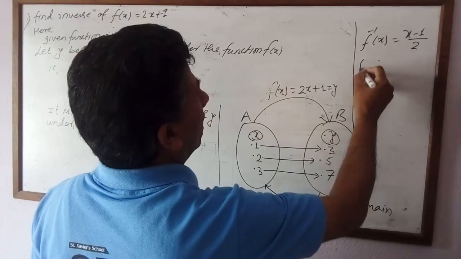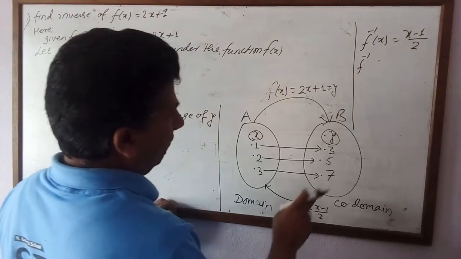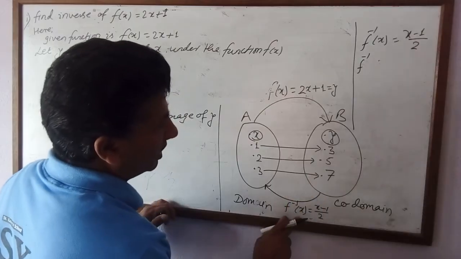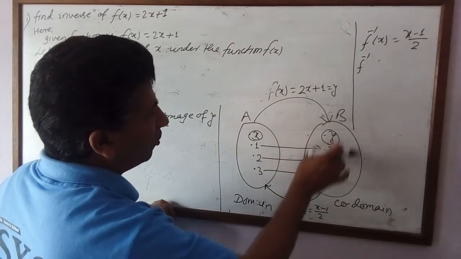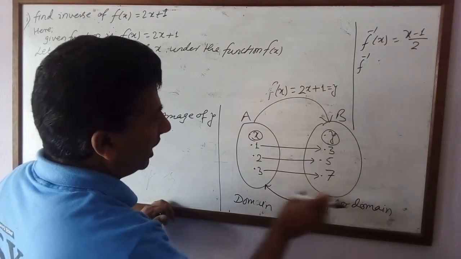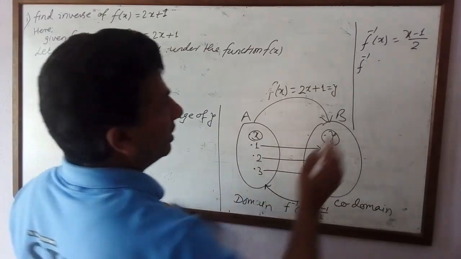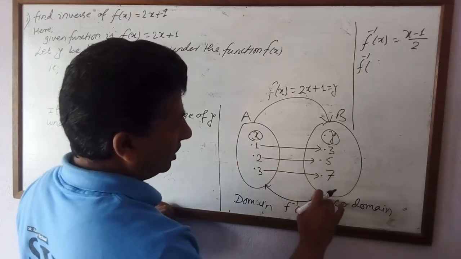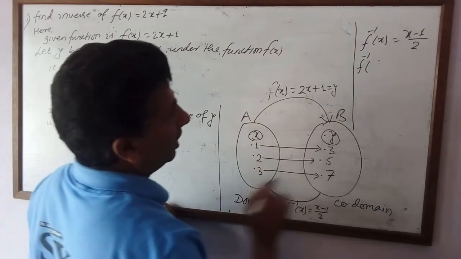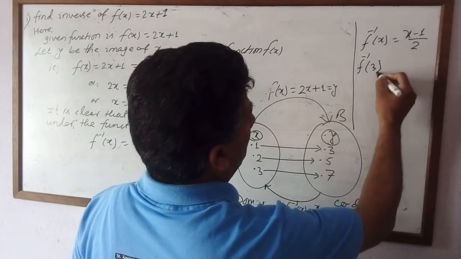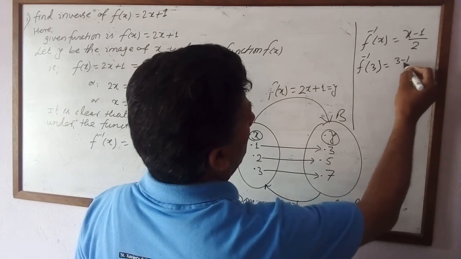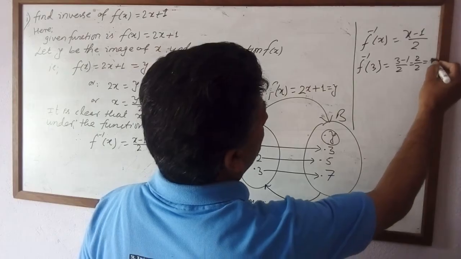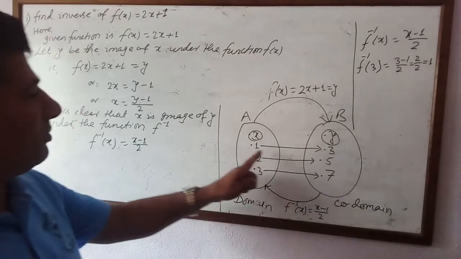Now for this function this will be x, this will be y. In place of x we write this 3, because this function has been defined from set B to A. So 3 minus 1 by 2 equals 2 by 2 equals 1. See, this function gives 1.